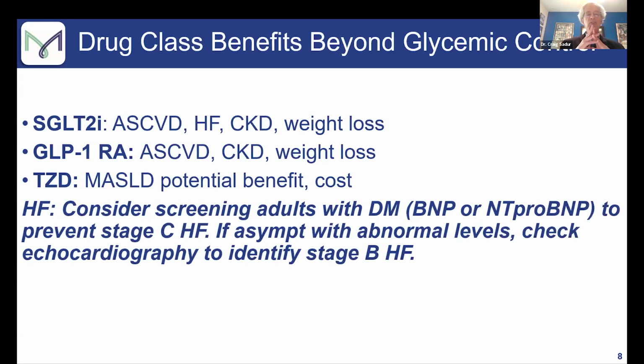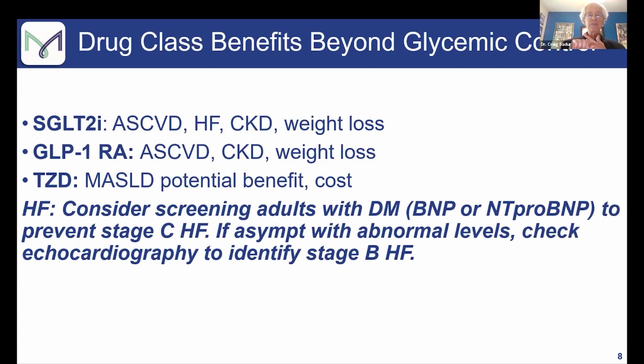And what's been new in the last couple of years with the publication from the American Diabetes Association is the field of heart failure. Consider screening adults who have diabetes with either a BNP or an NT-proBNP to try and prevent them from having stage C heart failure.